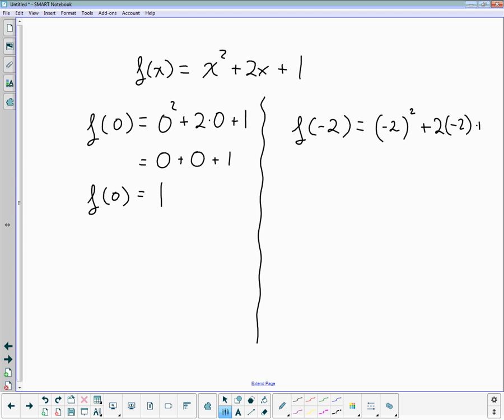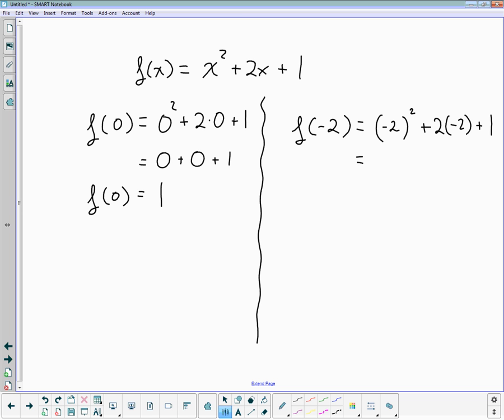Good. See what she did? She just replaced x with negative 2 each and every time. Okay? Wrapping in parentheses so we don't lose a negative sign anywhere. Being real careful, step by step by step.